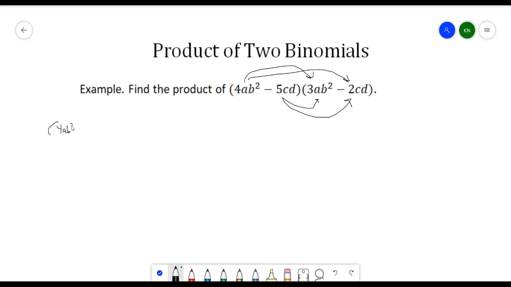4ab squared multiplied by 3ab squared, plus, but since this is negative, meaning to say that's minus 4ab squared, or we can just say plus, and then we'll have this one as negative 2cd.